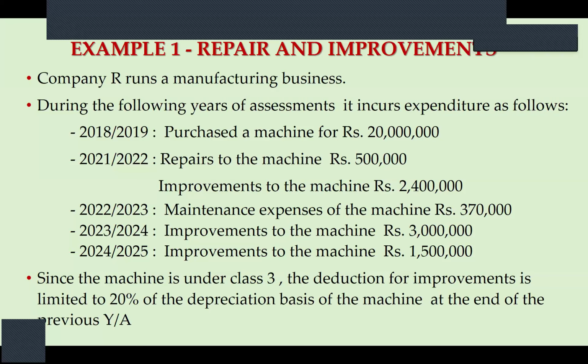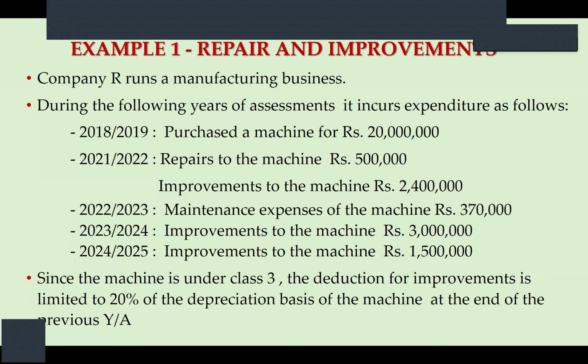Since the machine is under class 3, the deduction for improvement is limited to 20% of the depreciable basis of the machine at the end of the previous year of assessment. If it were under class 4, it should be a building, because business assets are classified under class 4.